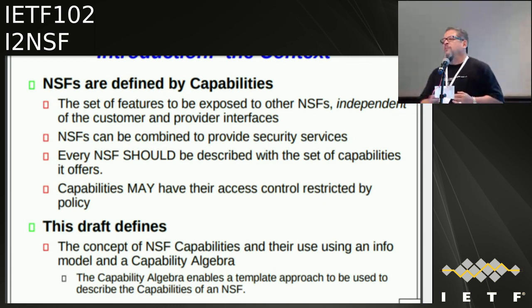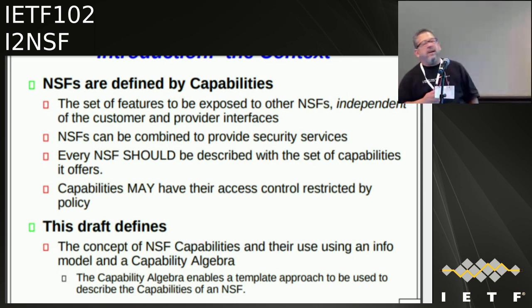They could possibly be vendor dependent as well. And with that, the security controller can realize the security functions desired for a given domain by putting together different capabilities from one or more NSFs.